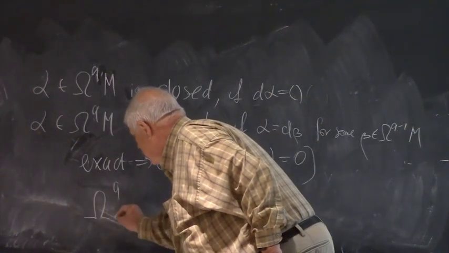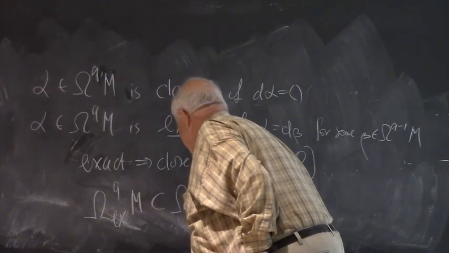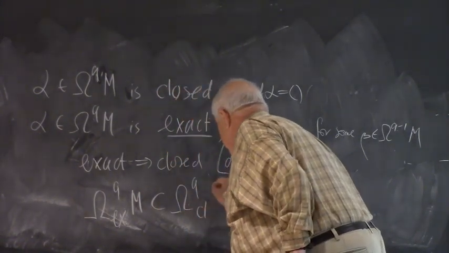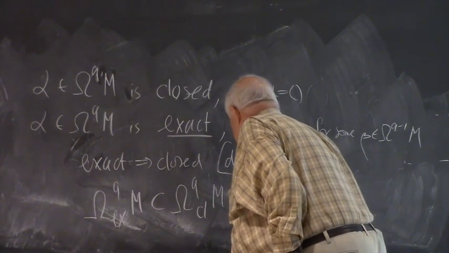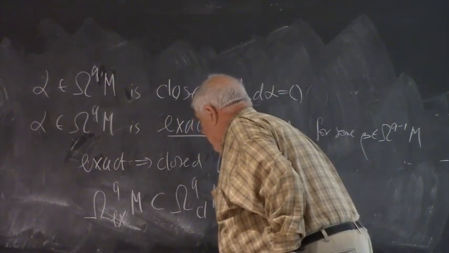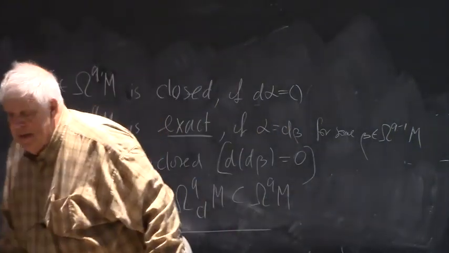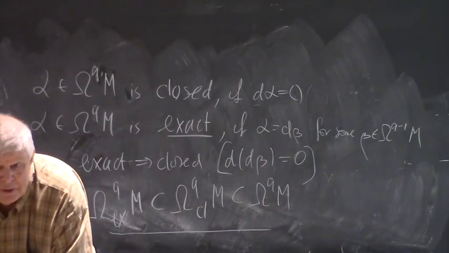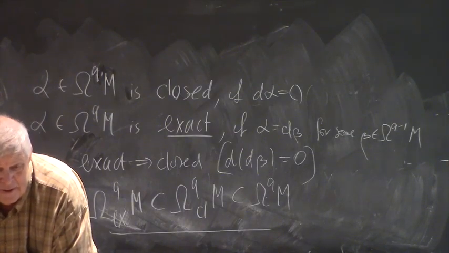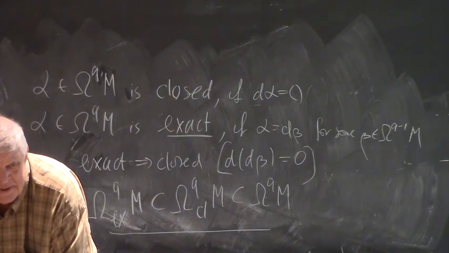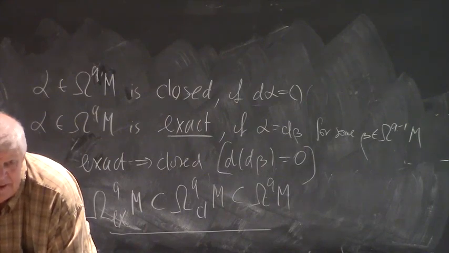So we have the following spaces. Omega q exact is a part of omega q closed. This is a part of omega q of M. All these spaces actually usually are infinite dimensional, always, if you don't count the case of zero-dimensional manifolds. Infinite dimensional, but they're vector spaces.